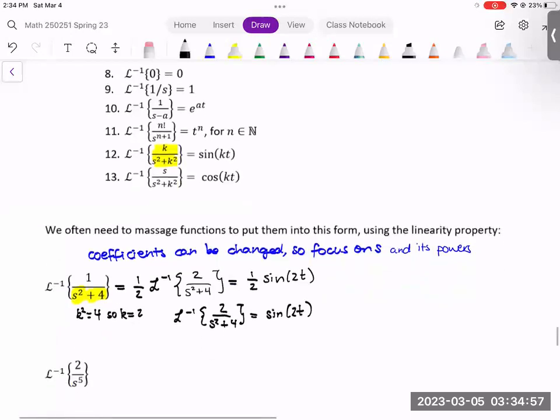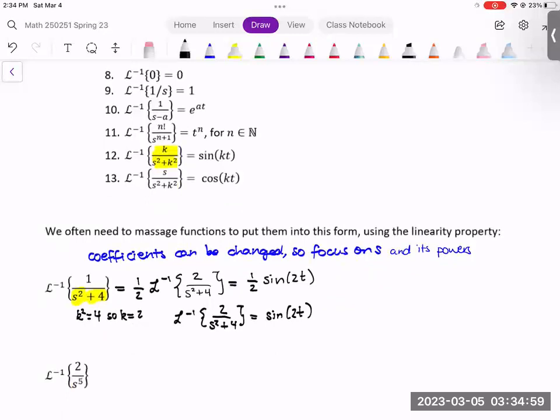All right, next let's take a look at this inverse Laplace transform of 2 over s to the 5th. Okay, take a moment and look over these different pieces and see which one do you think looks most likely. Okay, so here again, we're going to be focusing on powers of s.